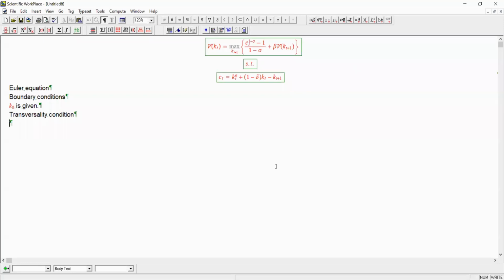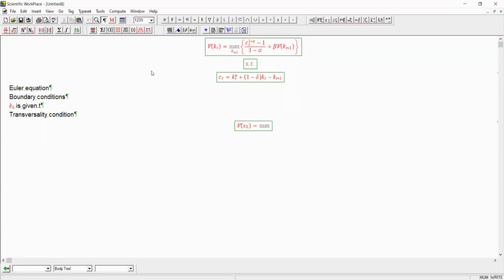All right, so the first thing I want to do is to try and write down a more general version of this problem. What we're going to do is write down the initial sequential problem that we had before, but let's just make it more general. So instead of saying it was v of k, this is v of some x, which is going to be some state variable. Whether it's capital or something else, doesn't matter.